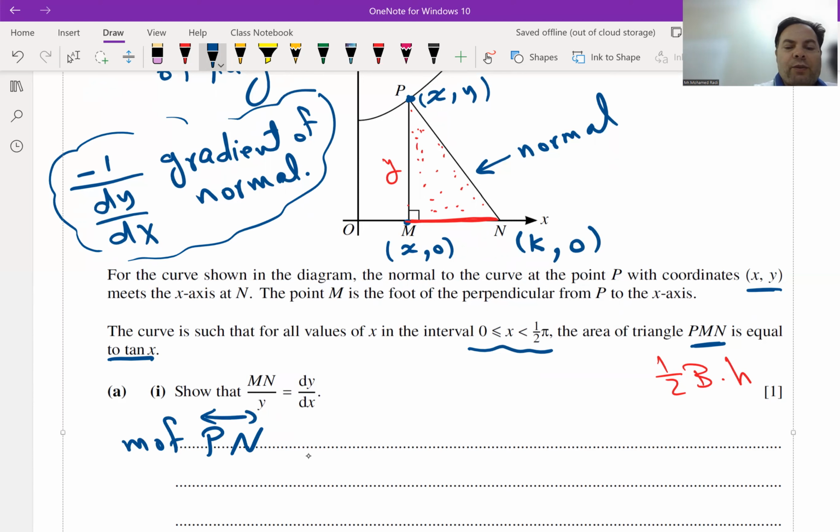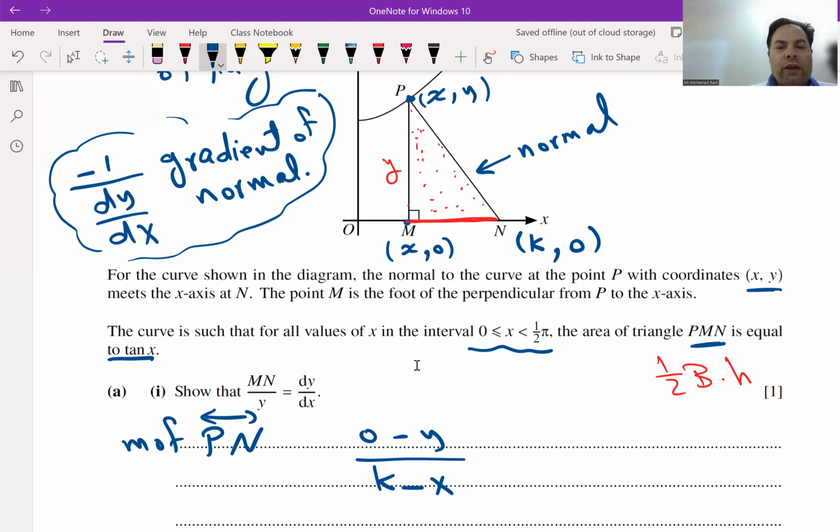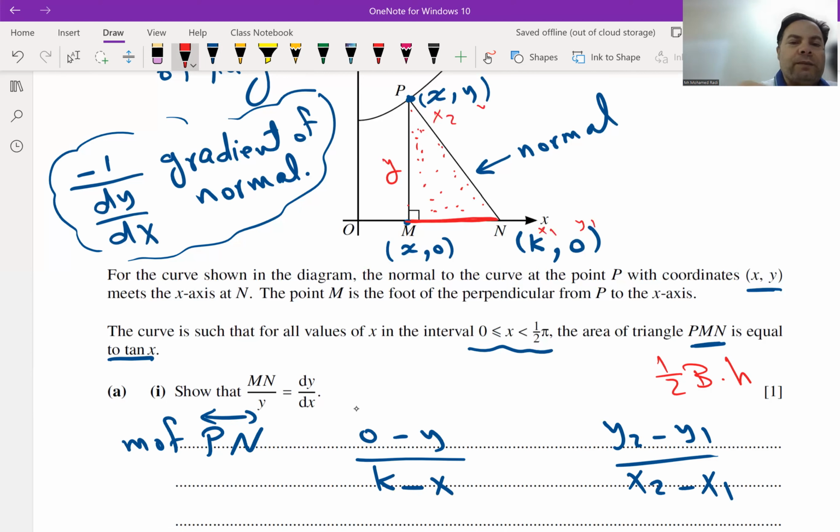If we start with this point, 0 minus y, divided by k minus x. I use the points, let's say this is x1, y1, and this is x2 and y2.